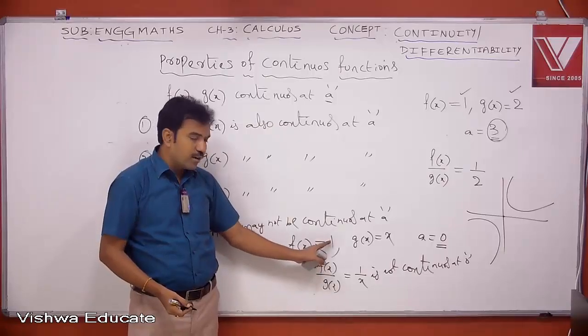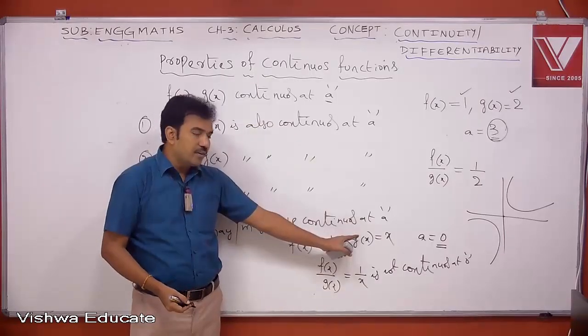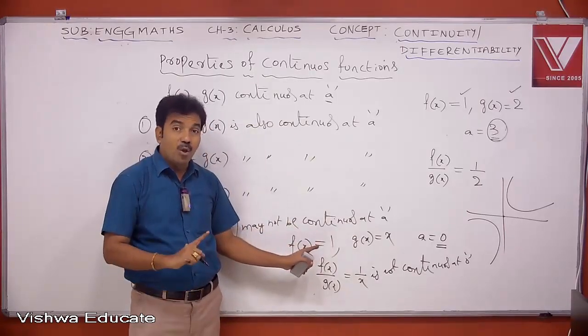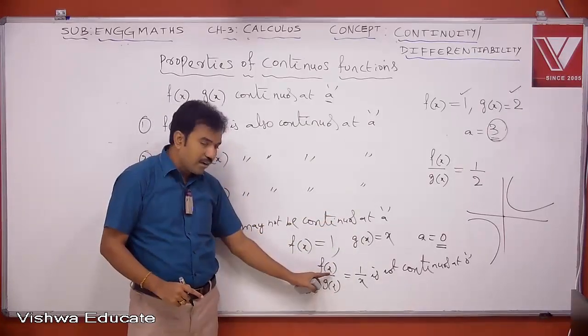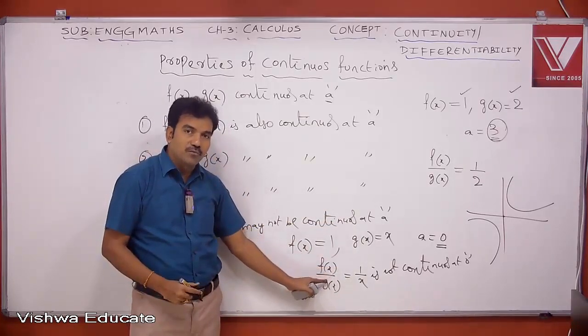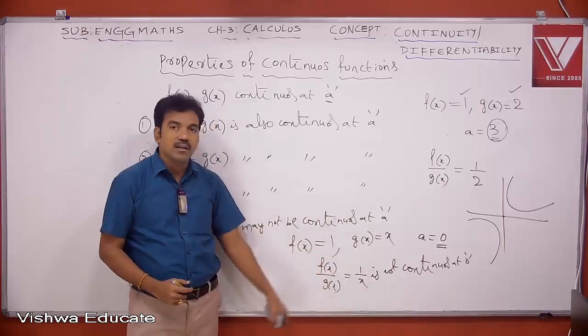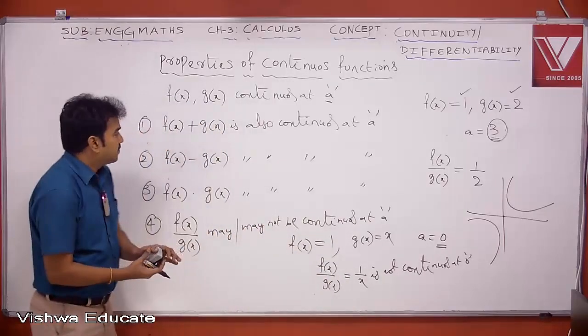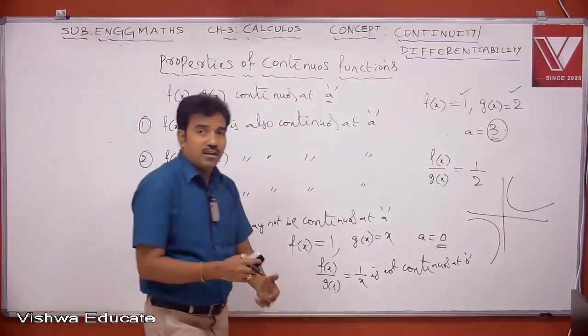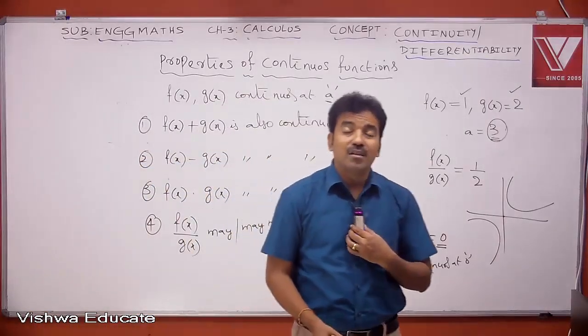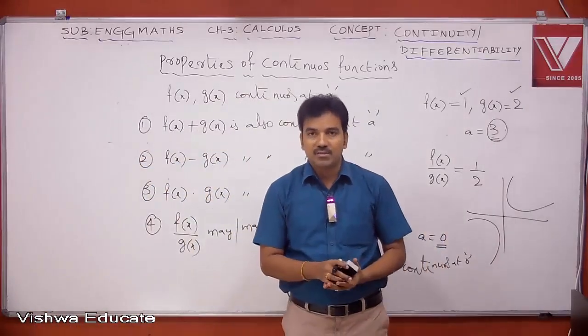So here f of x is a constant function 1, g of x is x. Both are alone continuous at 0, but when you combine them using ratio, f of x by g of x, that is 1 by x, is not continuous at 0. But sum is always continuous, minus is always continuous, dot is continuous, but ratio need not be continuous.